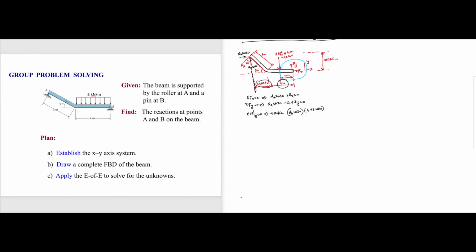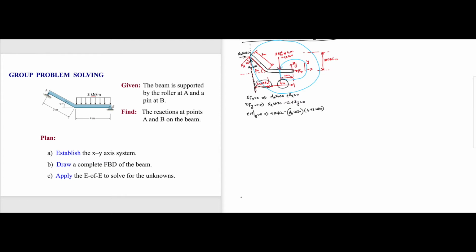The perpendicular distance from B to the line of action of NA cos 30 is 4 plus 3 cos 30, and it is going clockwise, because NA cos 30 is going up, so it is going clockwise with respect to B. So we have to write this to be negative. Shouldn't we write it negative?